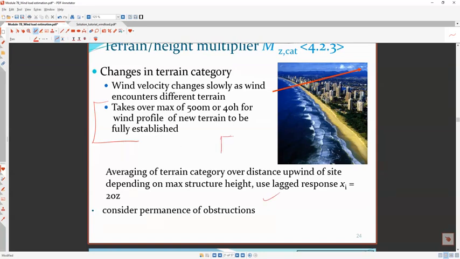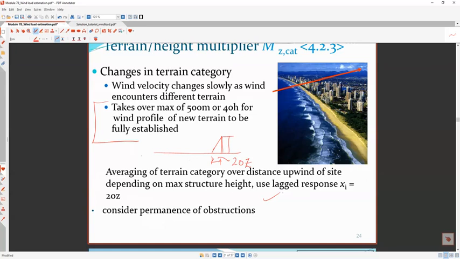So what we are basically saying is this: if you draw the structure here like this, and this is a lagged response, that means we will leave out 20Z. 20Z we leave out. Why leave out? Because we have said that use lagged response.